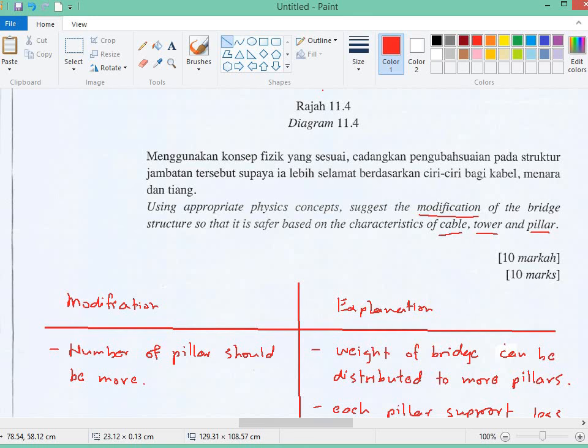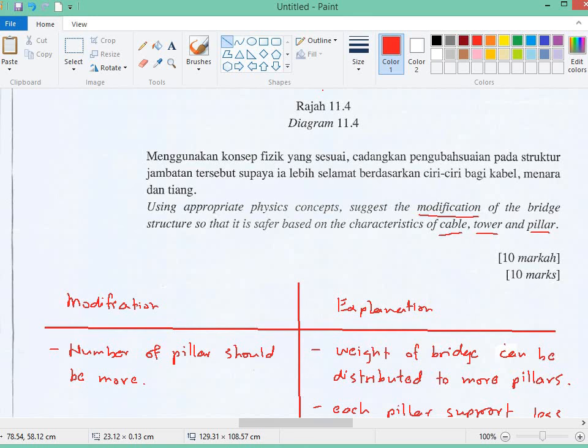If like that, then the wrong one will cancel off the correct one. Okay, understand? So you should write as many modifications as you can think of. Logical ones. If you write illogical modifications, then you're just wasting your time. So write more than 5 logical modifications.